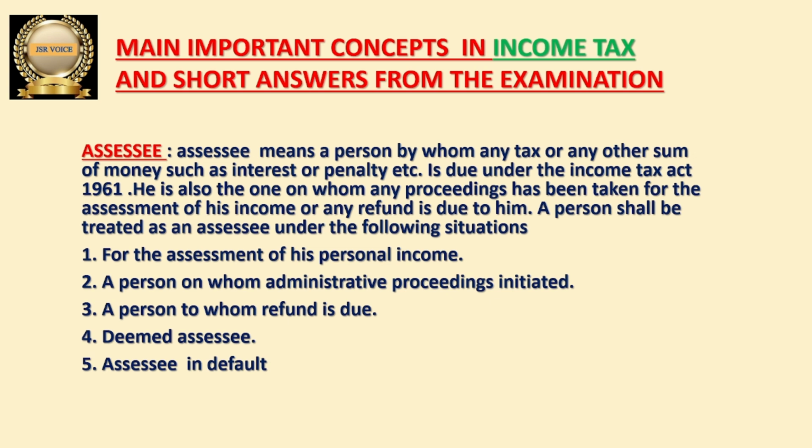Assessee means he is one person, and that person has to pay tax and he is liable to pay tax to the income tax department. We can call him an assessee. He is liable to pay either income tax on his income, or he is liable to pay some interest or penalty, and that is due to the income tax department.